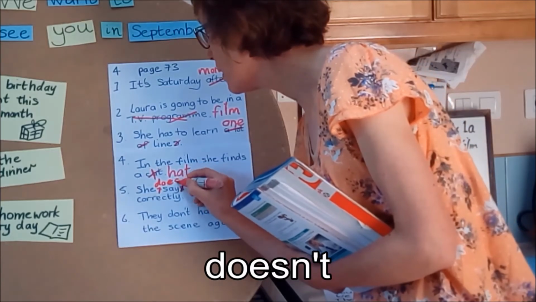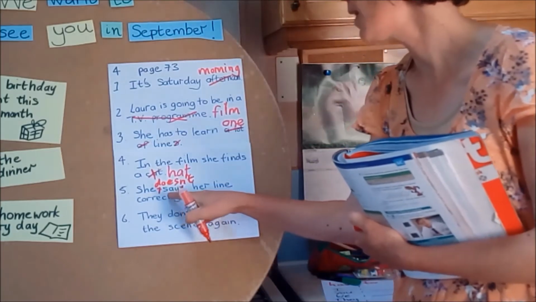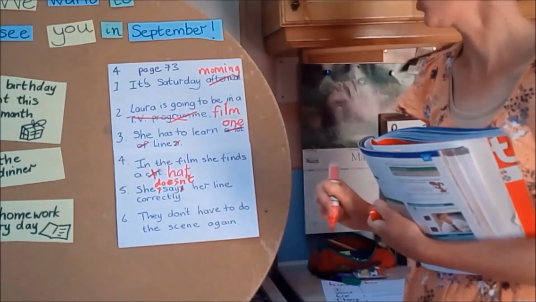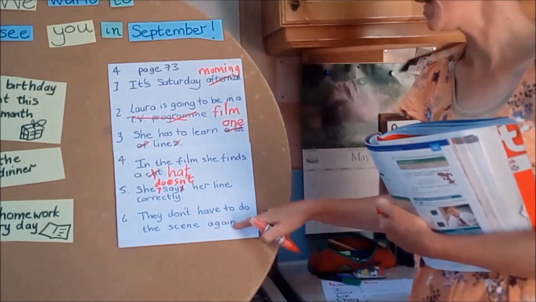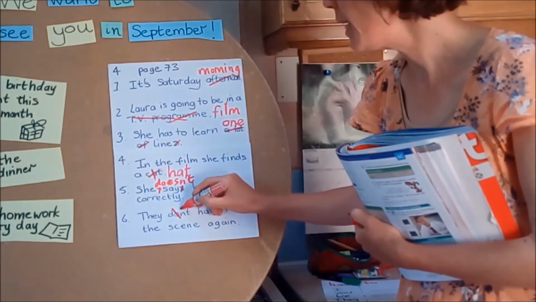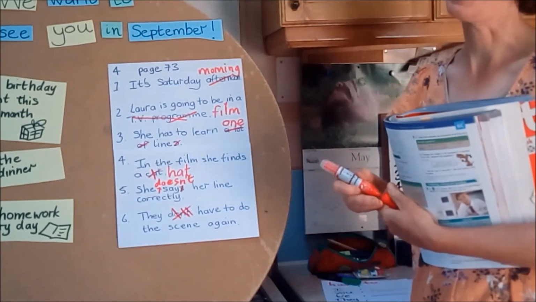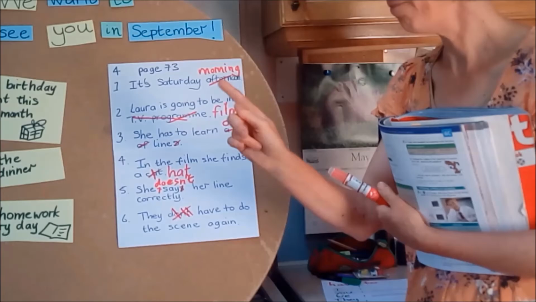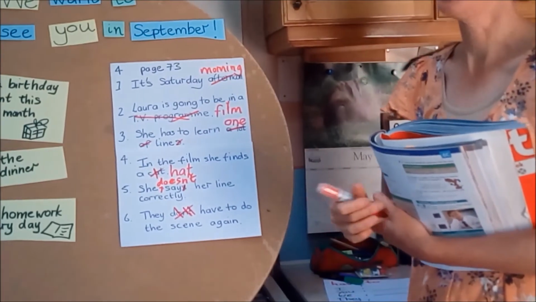Whoops, she doesn't say her line correctly. No. They don't have to do the scene again. Yes, they do. Let's take out the helper. They have to do the scene again because she says it's Harry's cat. They have to repeat the scene.